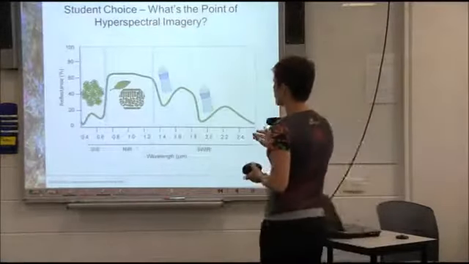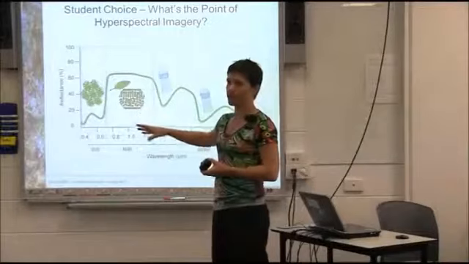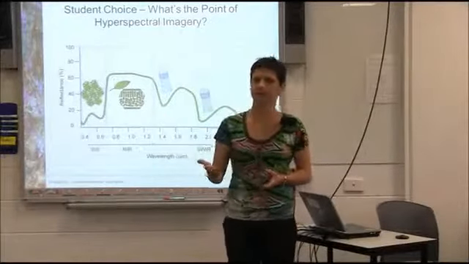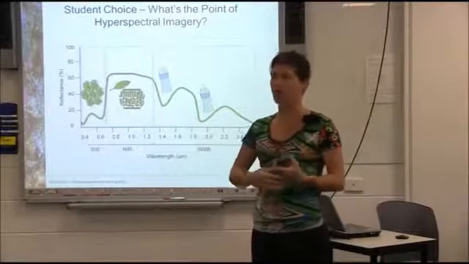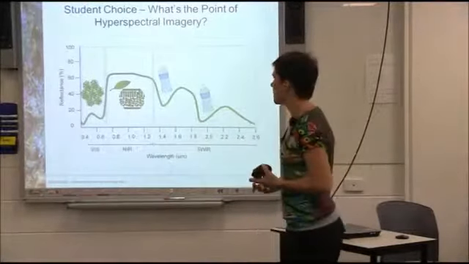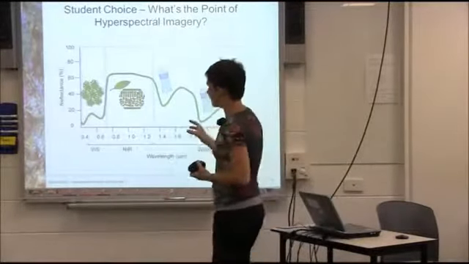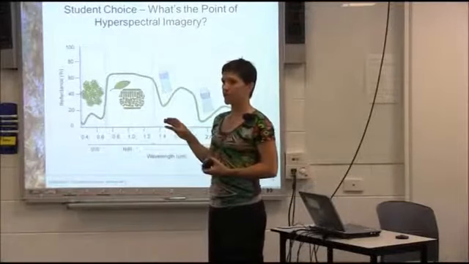So coming back to our standard vegetation spectral signature, and I just use vegetation here because it is quite simple to explain, but the same could be true for looking at water bodies or minerals. It comes down to understanding the features that you're interested in.